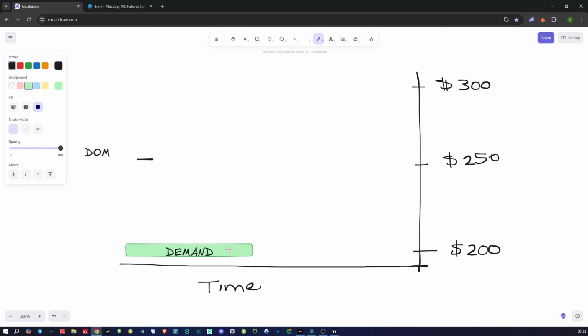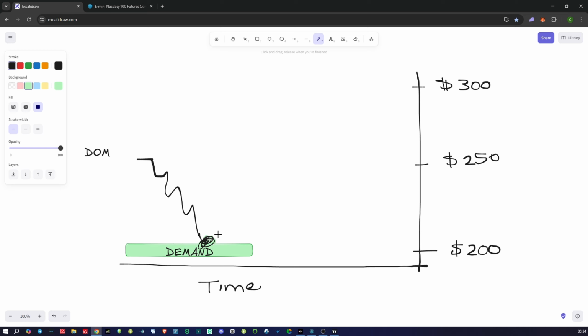Let's say there are 1,000 people that actually want the price here, and one of these shoes gets sold here, so the price chart would then go down here and a transaction would take place at 200. So that's why price is trading here, and that's why it's being traded there.